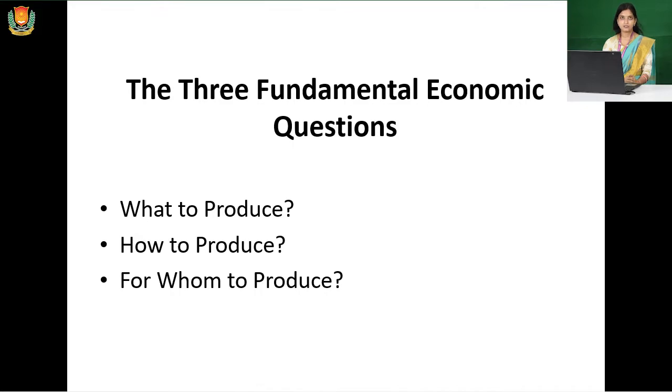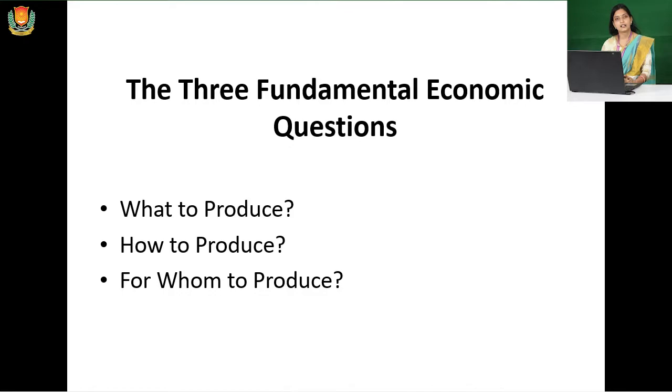Every manager or managerial economist faces three kinds of problems. Three questions are always raised. The first one is what to produce. This is a major problem whenever you want to start a new business or you have an existing business. Whenever you are designing a new product, you need to know what to produce.